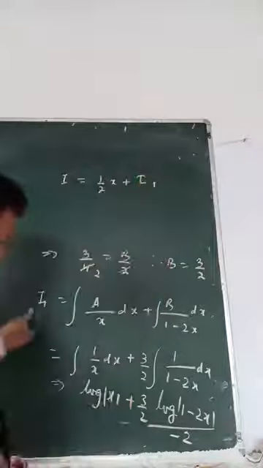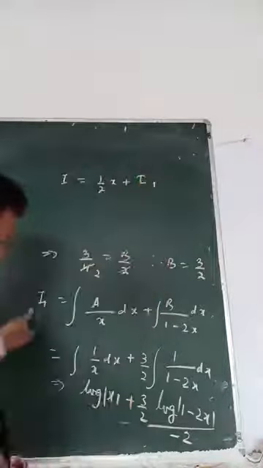Now proceed. So the LCM is (t plus 3)(t plus 4), and this will be multiplied here: A into (t plus 4), B into (t plus 3). Denominator equals denominator, so numerator will be equal to numerator.